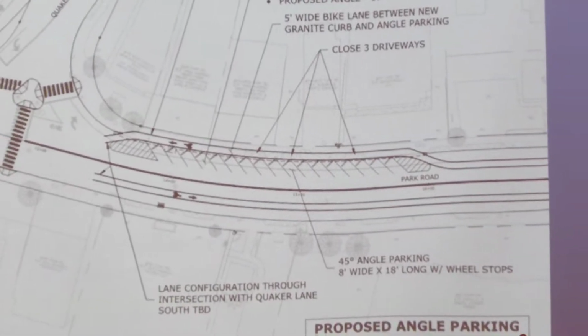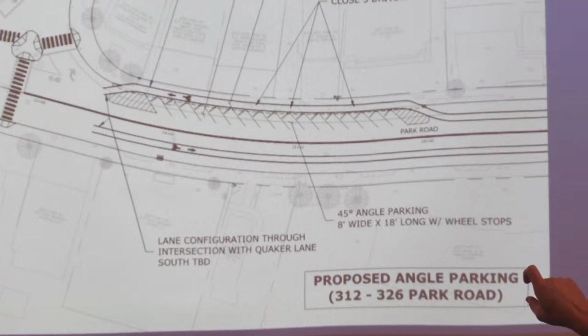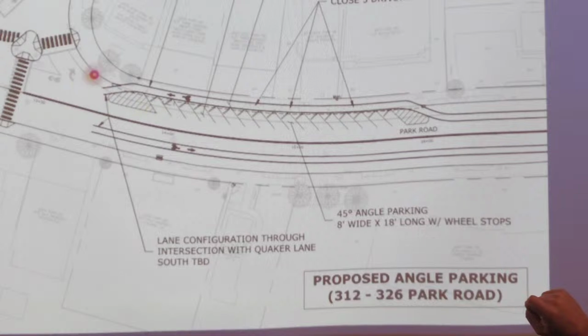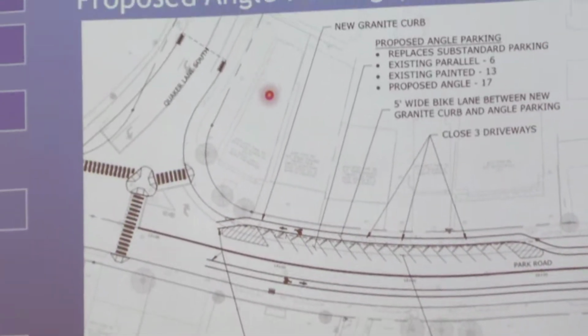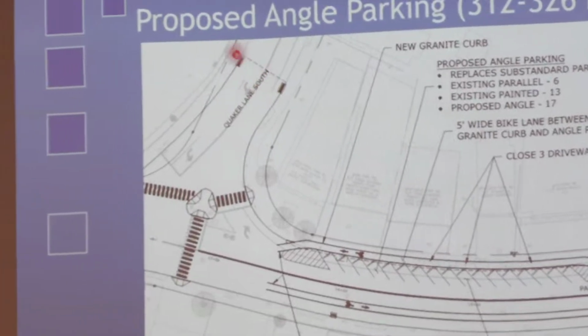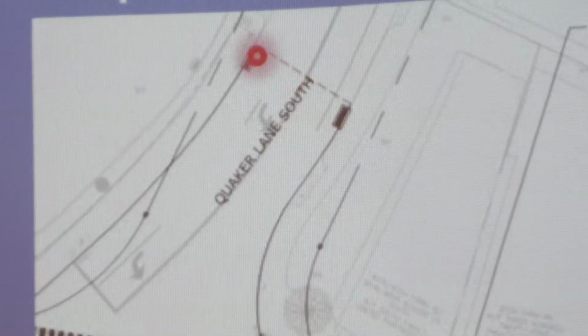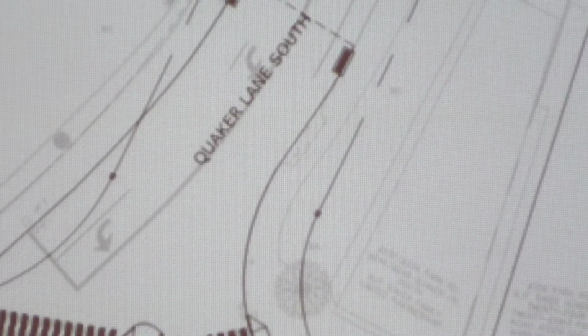In the sense that the paving extends around Quaker to that dashed line up there where the red marker is, that's the limit. We're gonna pave up to that point, but there's not gonna be any work outside the curbs.